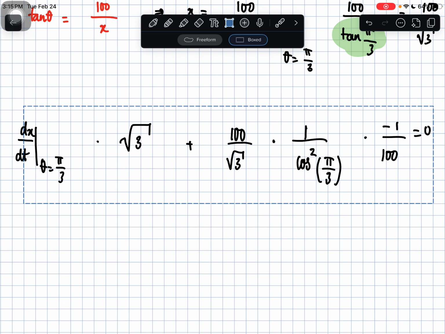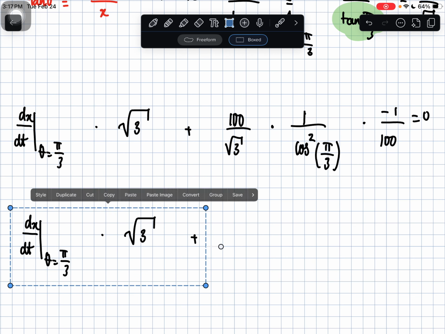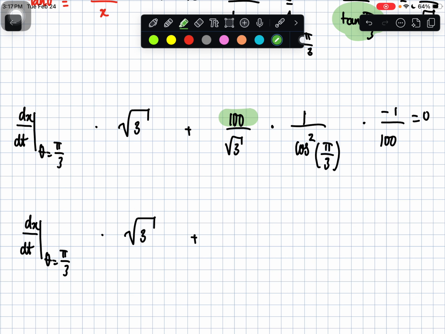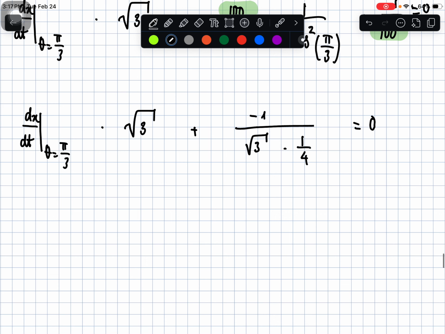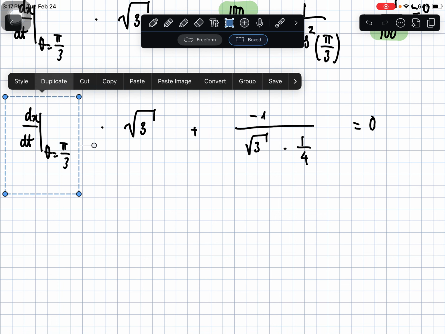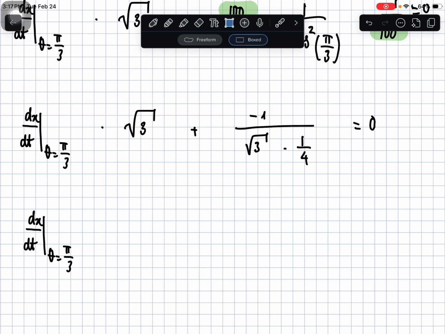This is what we have now. 100 divided by 100 cancels out. Minus 1 over square root of 3, cosine pi over 3 is 1/2, but we need to square that, so 1 over 4, equal to 0. This one times square root of 3 equals 4 divided by square root of 3.